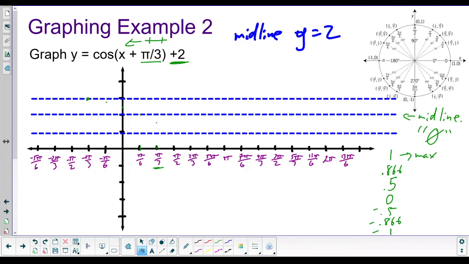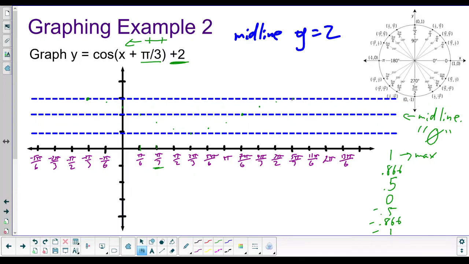Over, down a half, over, almost to -1, over, -1, over, 0.866, over a half, over 0, or back to the midline, over, up a half, over, almost to 1, over, up to the max, and then there is our, whoops, hang on, that's abysmal.